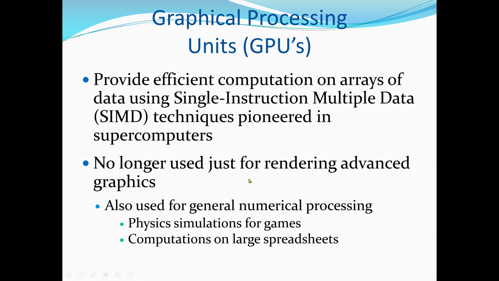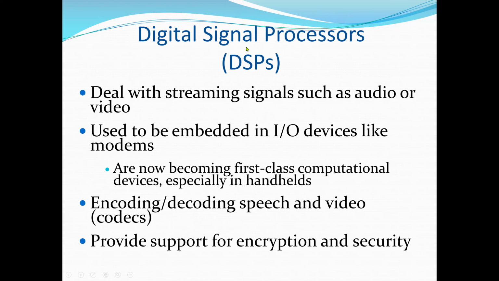They are no longer used just for rendering advanced graphics. They are also used for, for example, physics simulation for games, computation on large spreadsheets, and especially high performance, very complex algorithms. We also have the digital signal processors. Normally these deal with streaming signals, such as audio or video.